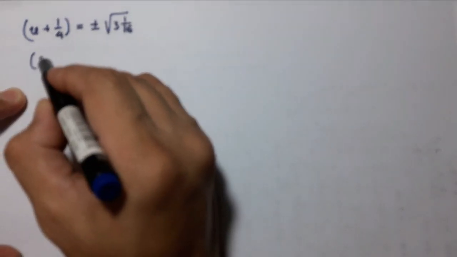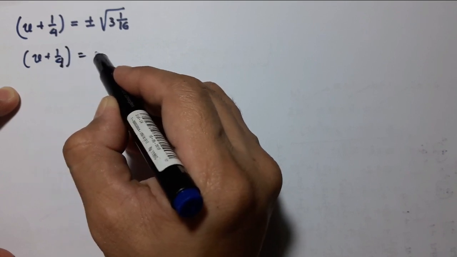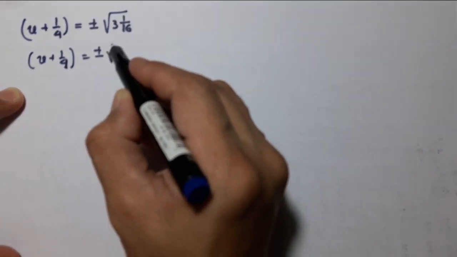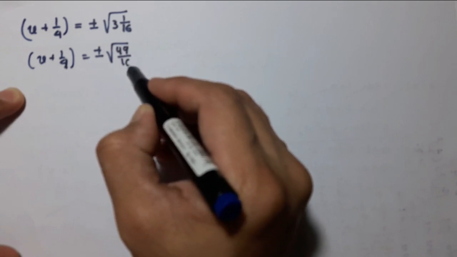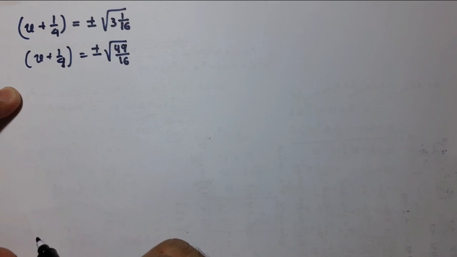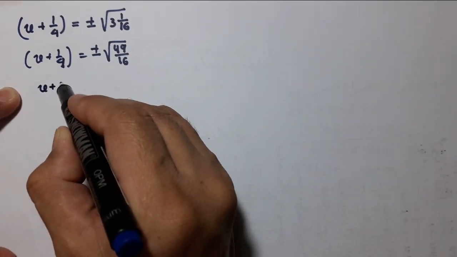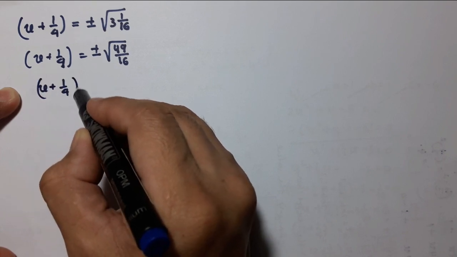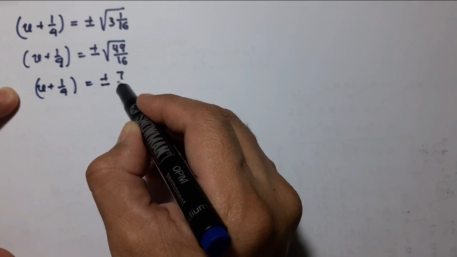So, x plus a quarter equal plus minus root of 49 over 16. Right? So, x plus a quarter equal plus minus 7 over 4.